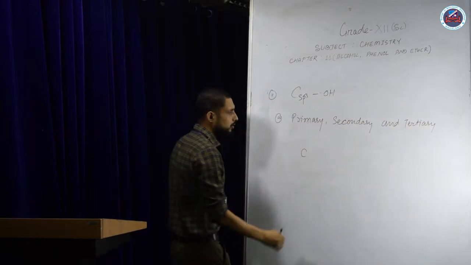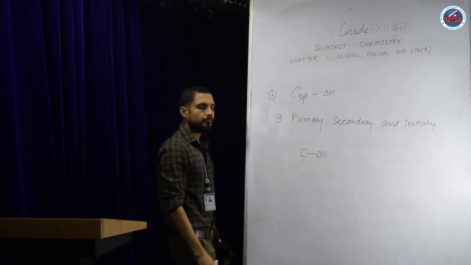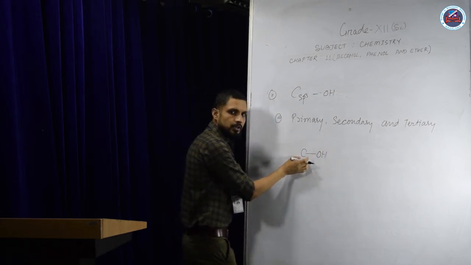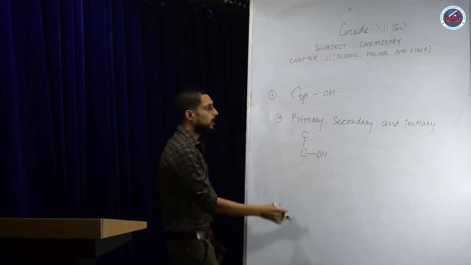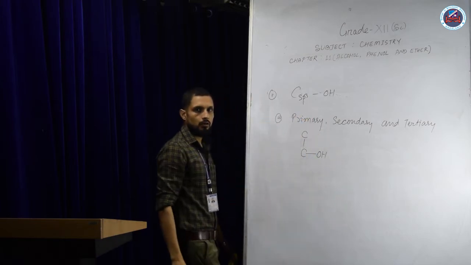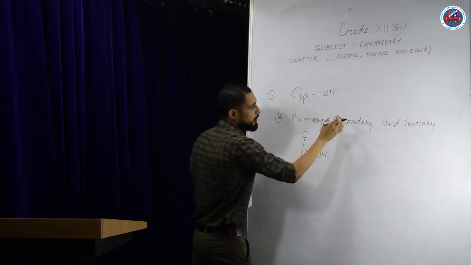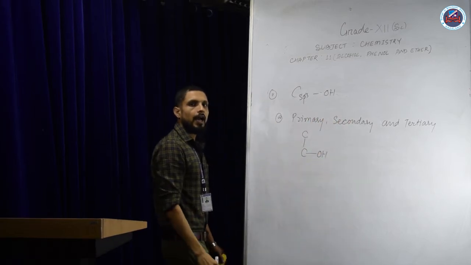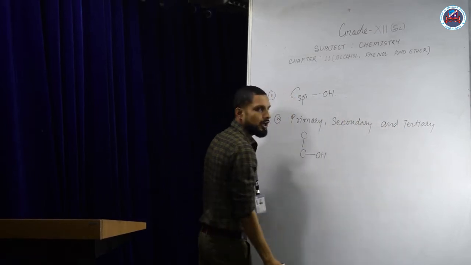So the carbon with OH group, if this carbon is attached to only one carbon, it gives primary alcohol. If it is attached to two carbons, it gives secondary alcohol. And if it is attached to three carbons, it gives tertiary alcohol.